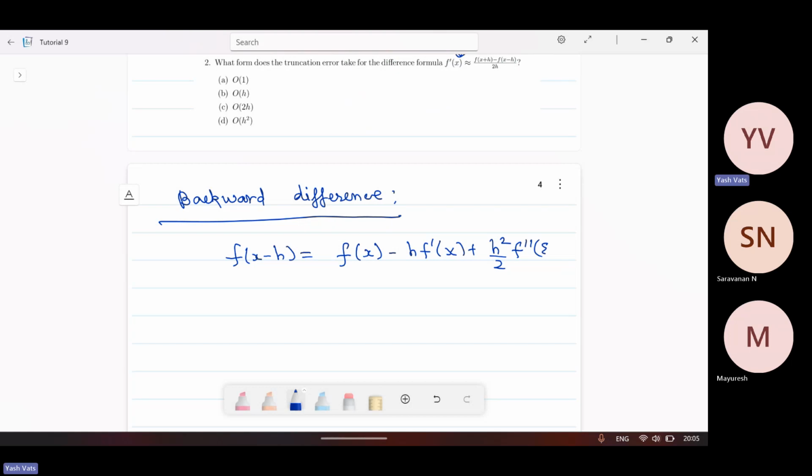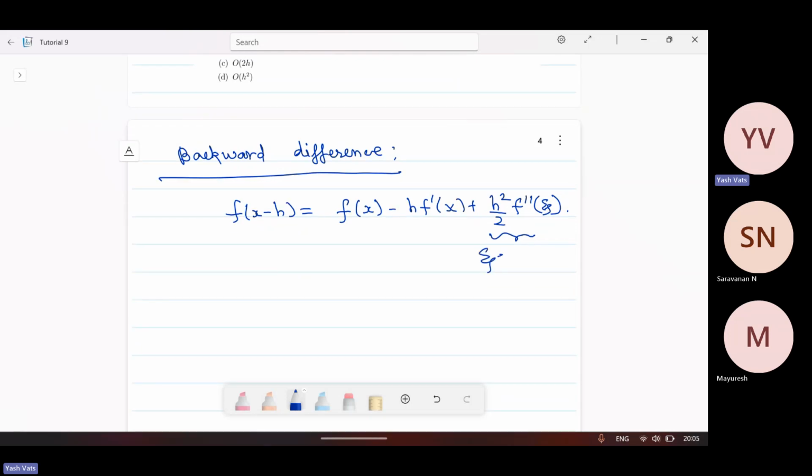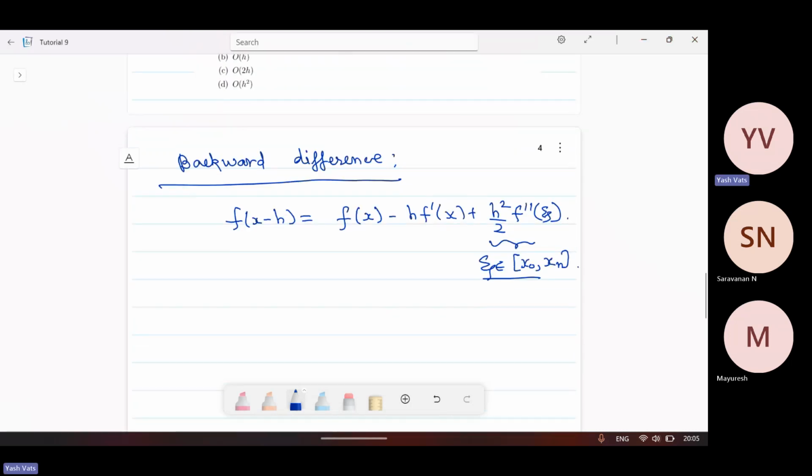What we used to write in the Taylor series expansion, where psi belongs to some small interval, say x not to xn, is an error term. So here f prime x is f(x) minus f(x minus h) by h. So this is the backward difference, okay?